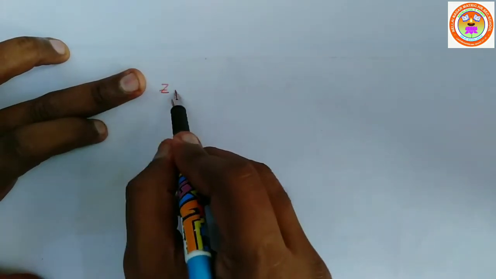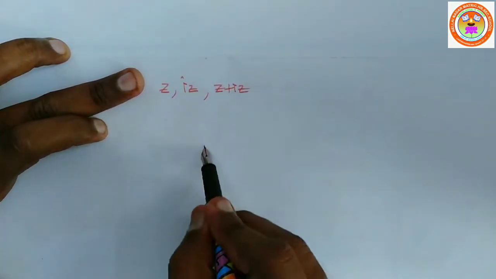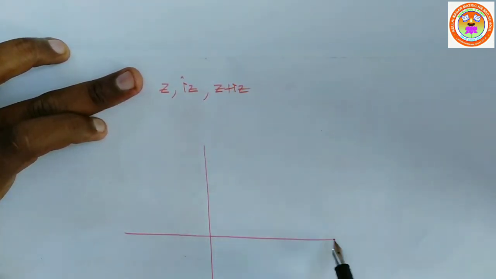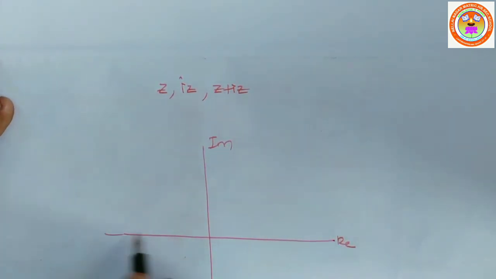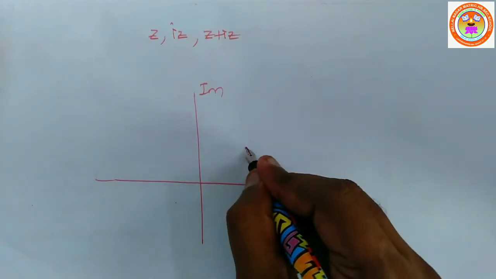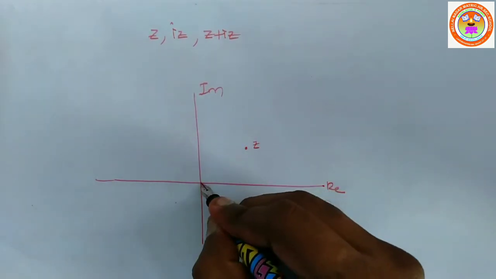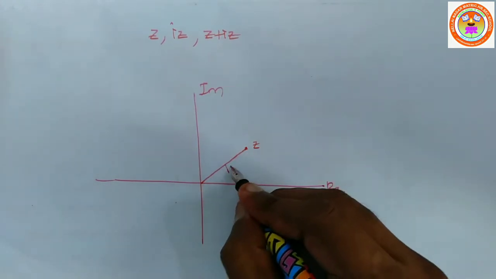So, there are three vertices: z, iz, z plus iz. Now I am drawing the real and imaginary axes. Listen very carefully. I am going to choose this as the z point. This is z. This is the distance from the origin to z, so I need to put modulus of z.